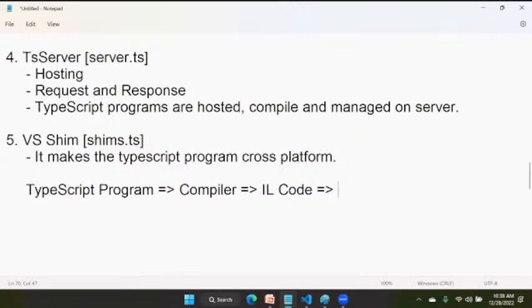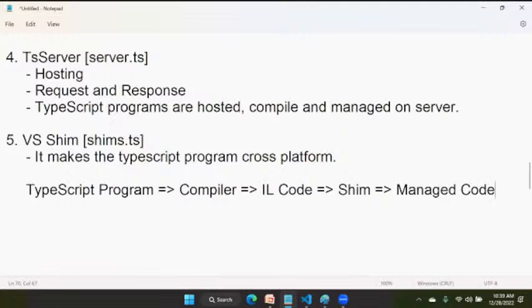This intermediate language code is understandable only to a certain operating system, the one on which they compiled. This is taken by the shim, and it is translated into managed code. Managed code is the code which is understandable to every operating system.